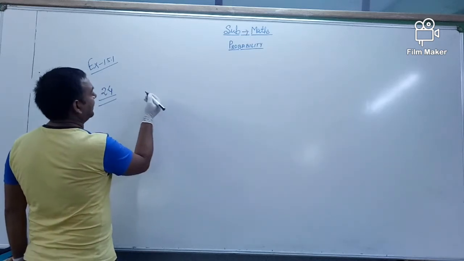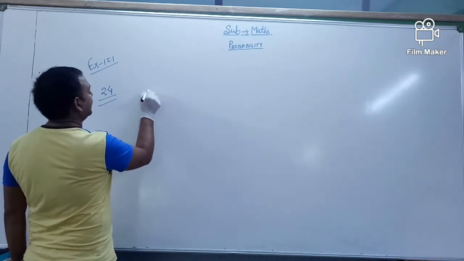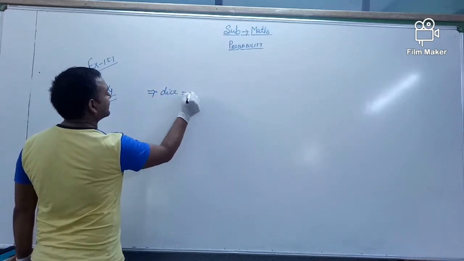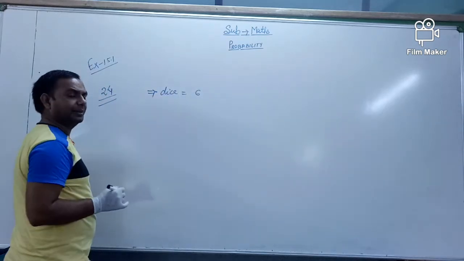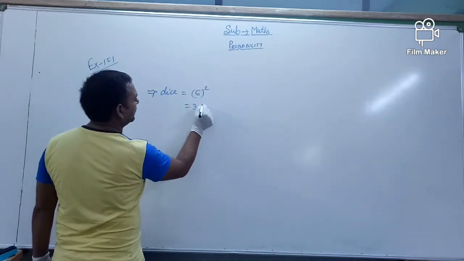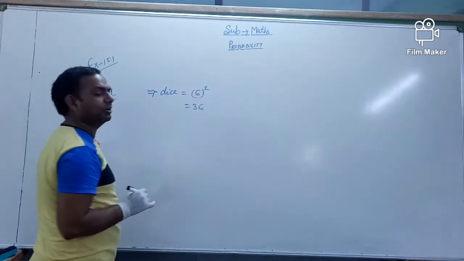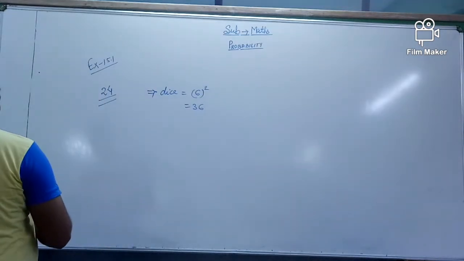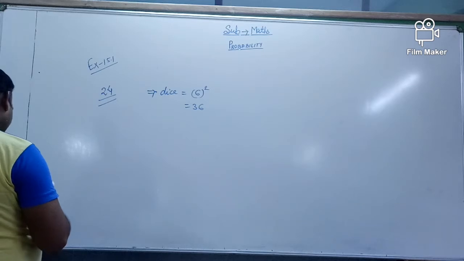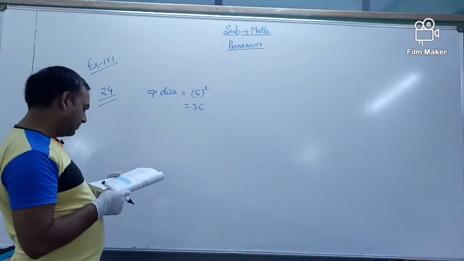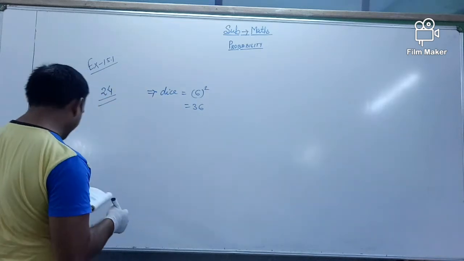In the case of the dice, there are 6 conditions, 1, 2, 3, 4, 5, 6, and it is thrown 2 times, so 6 square. So the total number of outcomes is equal to 36. First, 5 will not come up either time, and 5 will come at least once.